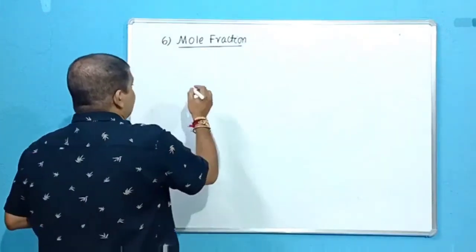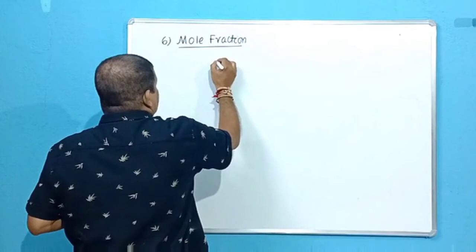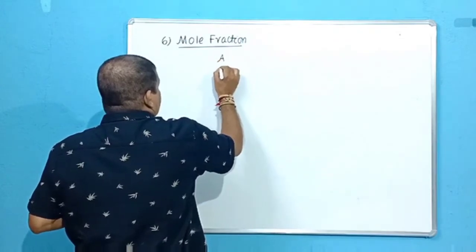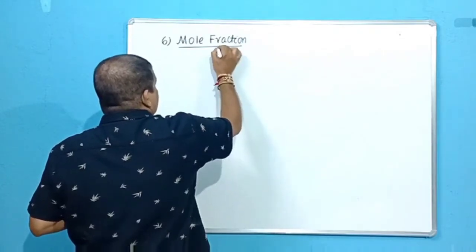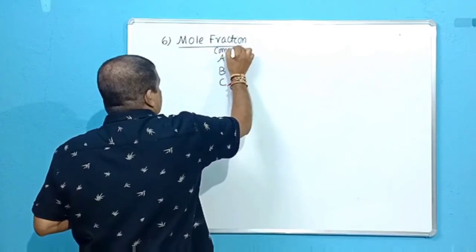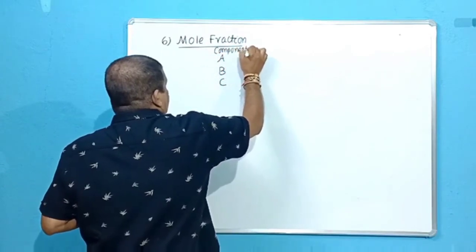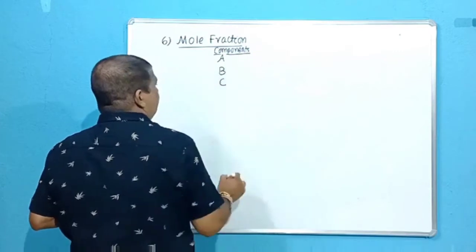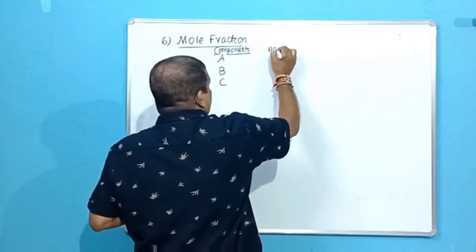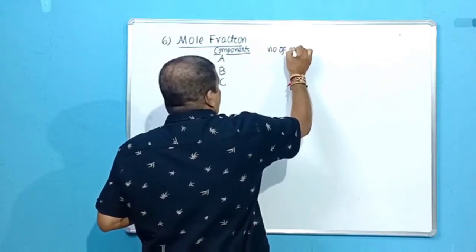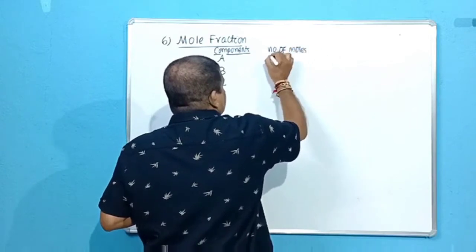So suppose let us say a solution contains three components A, B and C. So these are the components of the solution. Then the number of moles of each present.